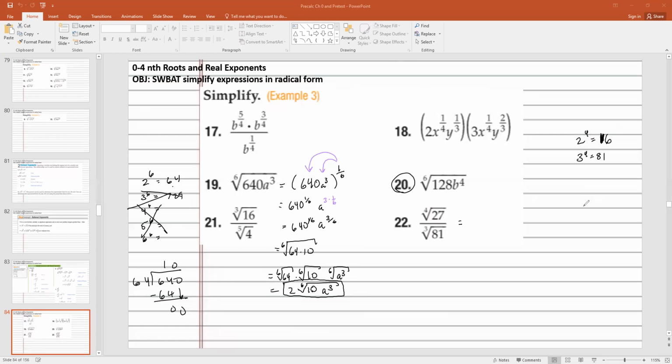Which is true. 3 to the 3rd power is 27, and 3 to the 4th power is 81, which we just saw. So you can write this as the 4th root of 3 to the 3rd, and this one can be written as the cube root of 3 to the 4th.